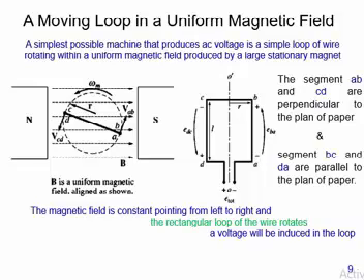The magnetic field is constant, pointing from left to right, as we have discussed earlier, and the loop rotates in the counterclockwise direction in this case, and a voltage will be induced in this loop.